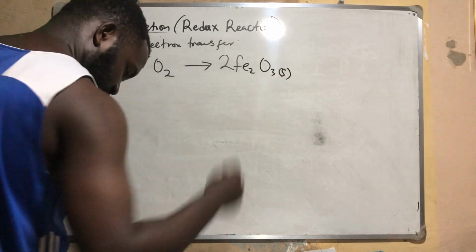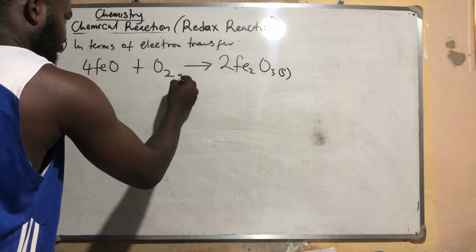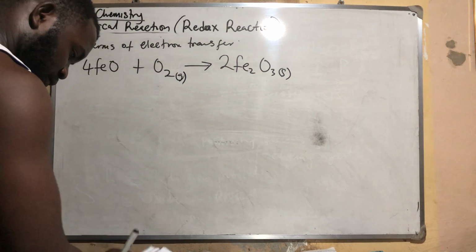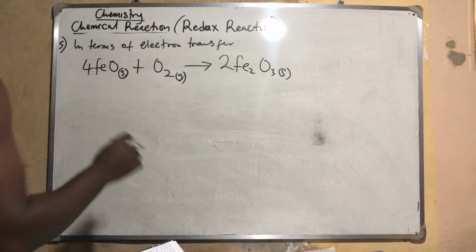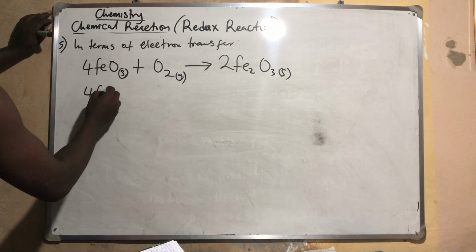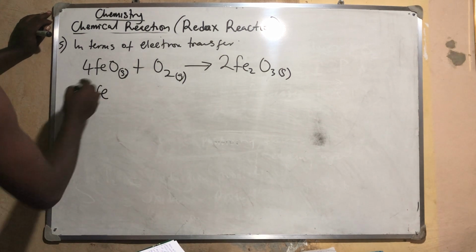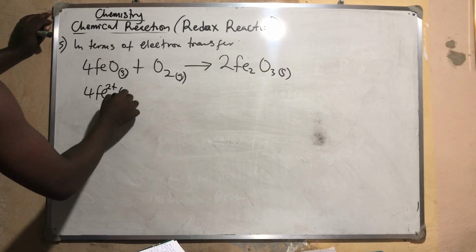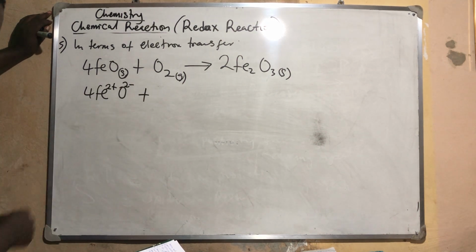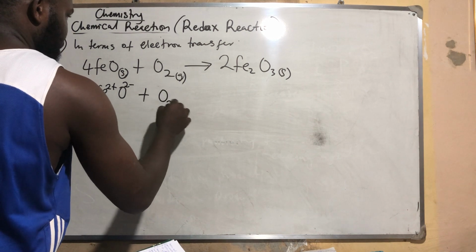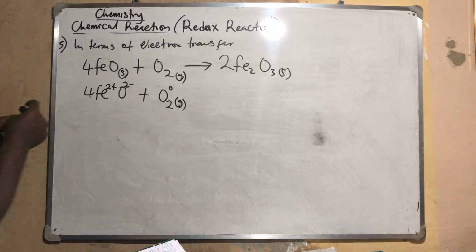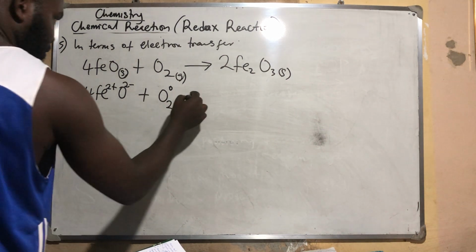This one is solid, this one is a gas, and this other one is equally solid. Now, if you notice what happened here, you will see that this is 4Fe 2 plus. Then oxygen here is 2 minus, so that it will cancel out. Plus oxygen here is not combined, so it is 0. Don't forget, I told you that in their free state they are 0.